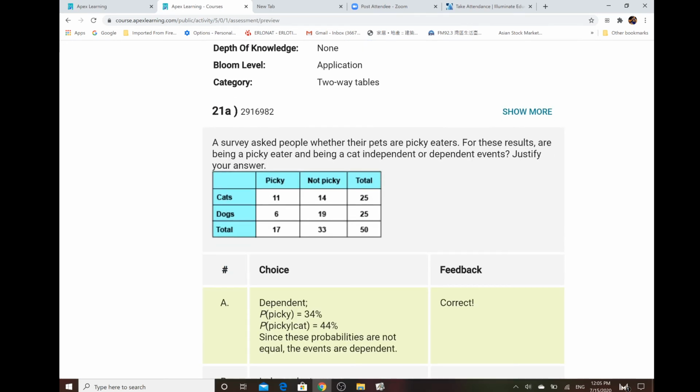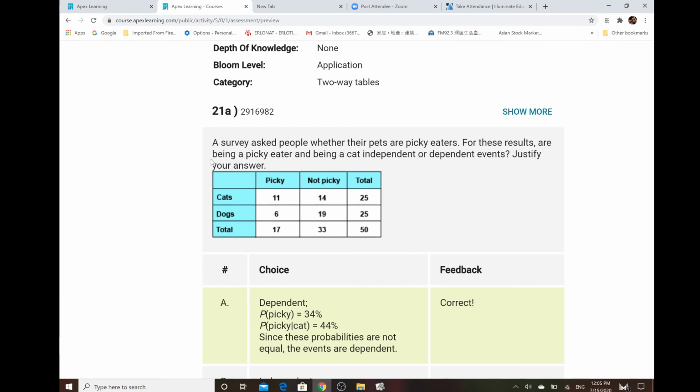So here's another one. It's quite similar to what we're doing. And this one, you just want to set up that, let's see. So a survey asks people whether their pets are picky eaters. For these results, are being a picky eater and being a cat independent or dependent events? Justify your answer.